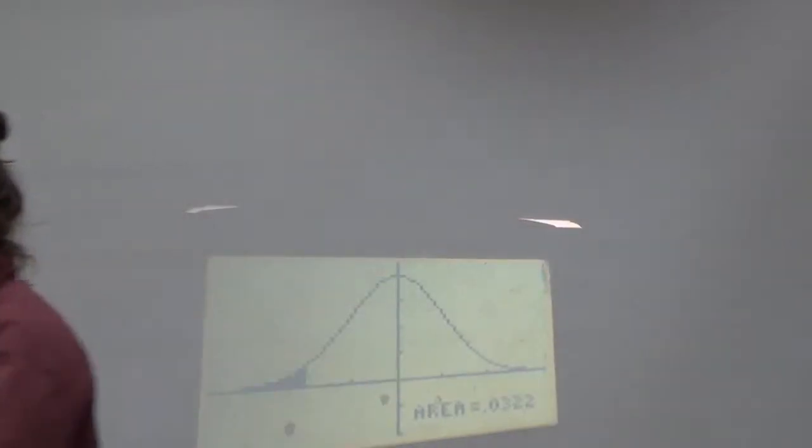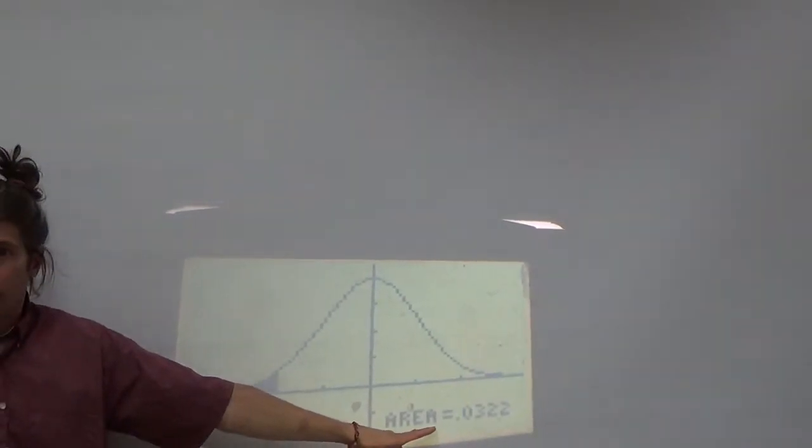Here she comes. There's the area. There's the same picture we have up there. Look at the area: 3.22%. That's your p-value.